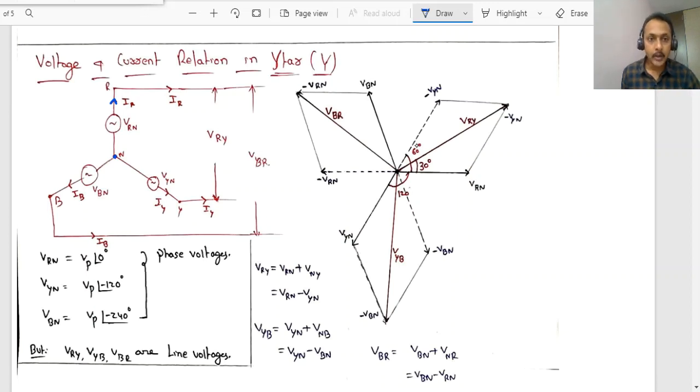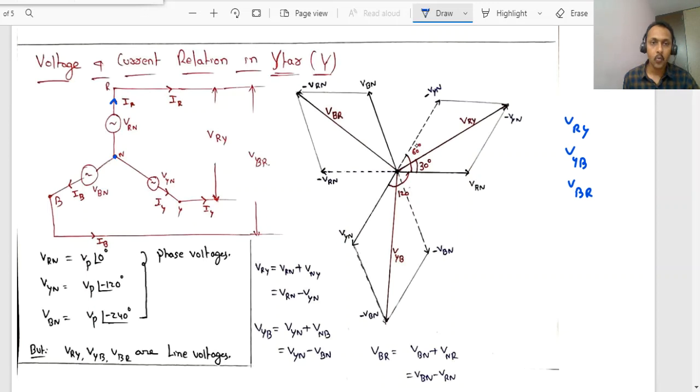Similarly, the voltage between two lines, between R and Y, denoted with letter VRY, is the line voltage, and VYB and VBR. These three indicate the line voltages between two lines, right?